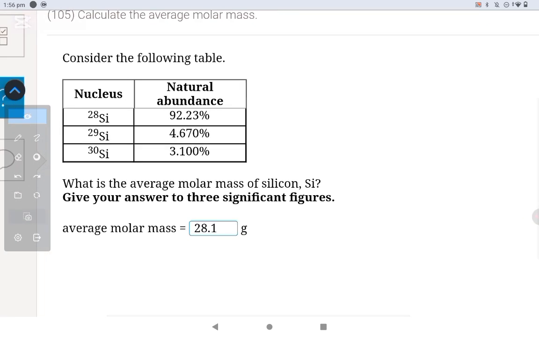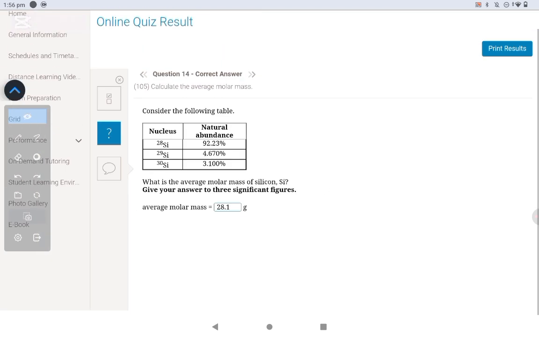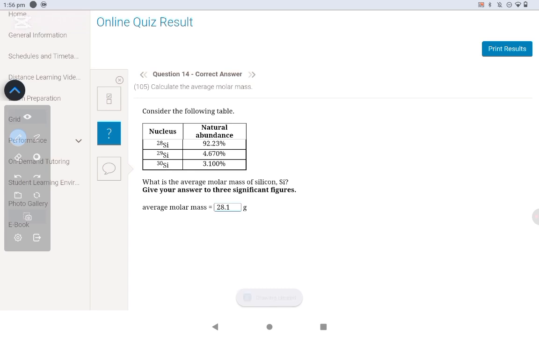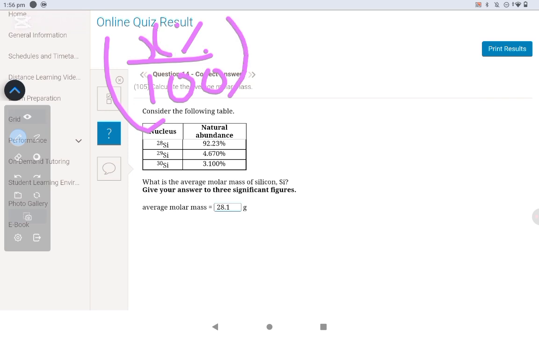What is the average molar mass of silicon, Si? Now here we have a rule. When we need to find the average molar mass, it's simple. It's basically the percentage over 100, so we're making it a decimal, times the isotope number.